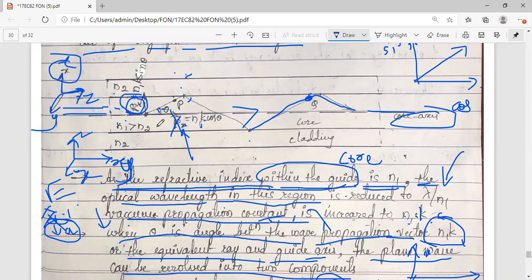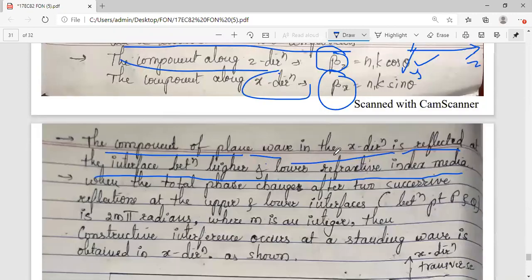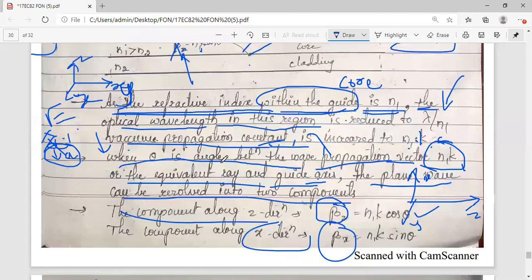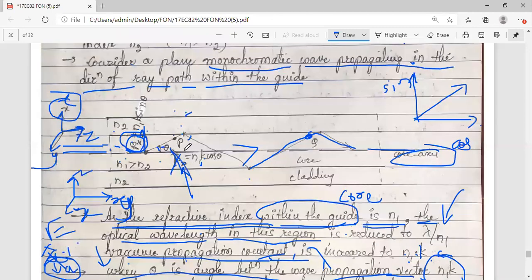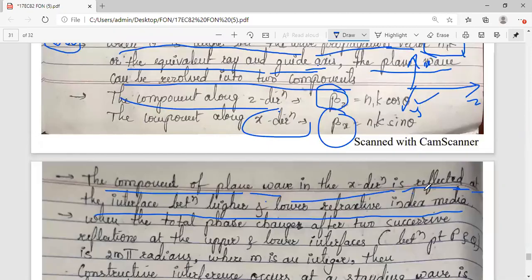Whatever light is traveling throughout, it is because of this beta x, the vertical component, that will be dominating. So it is reflected at the interface between the higher and the lower refractive index.